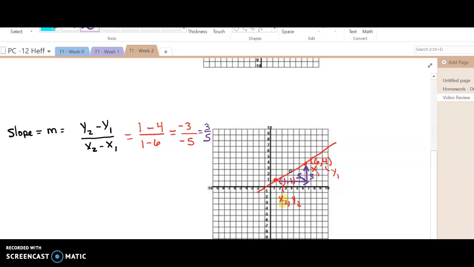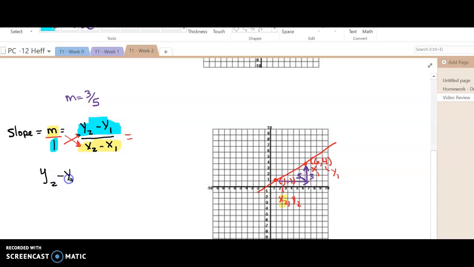But sometimes this equation is very helpful. So now we know the slope is 3/5. But another handy thing we can do with this same equation, if we were to put m over 1 and now cross multiply, we would get m times the quantity x2 minus x1 and 1 times y2 minus y1, or y2 minus y1 equals m times the quantity x2 minus x1.